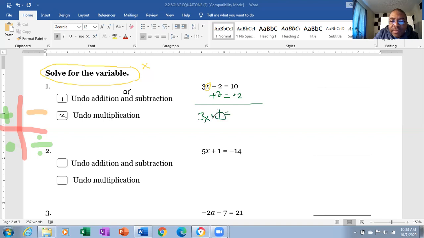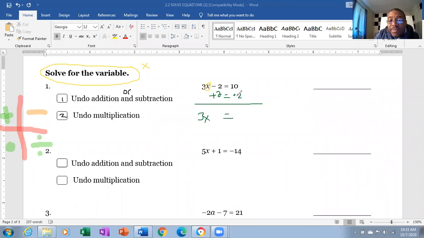Now, let's go with the 0. -2 plus 2 is 0. Look, if you owed somebody $2 and you paid them $2, now you owe them nothing, 0. So you don't even have to write the 0. So you just have 3x.